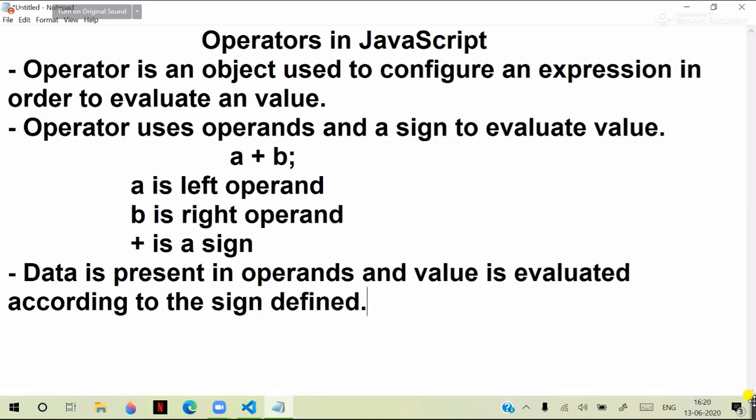That is how we generally call the operators. So data is present in operands and value is evaluated according to the sign defined.